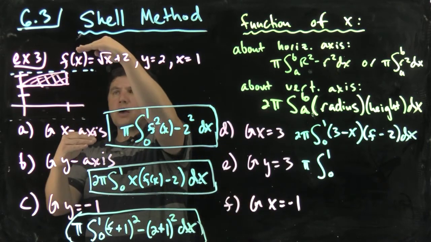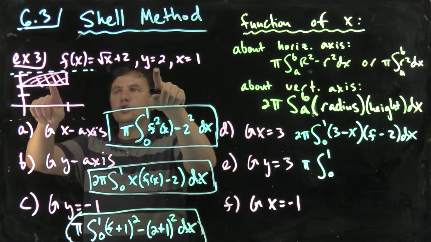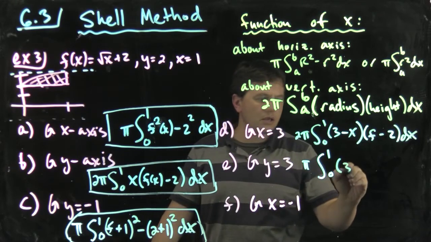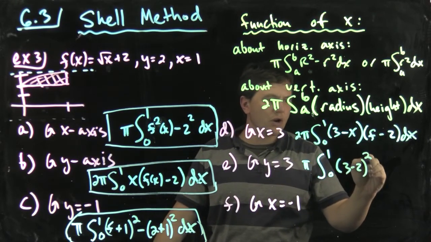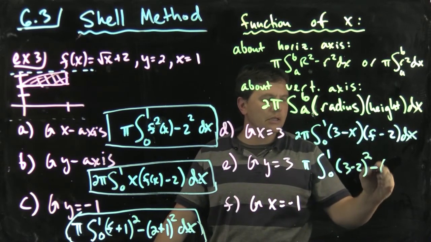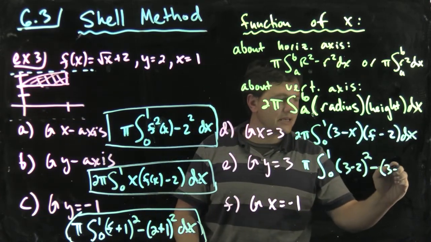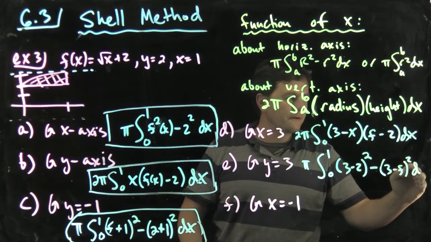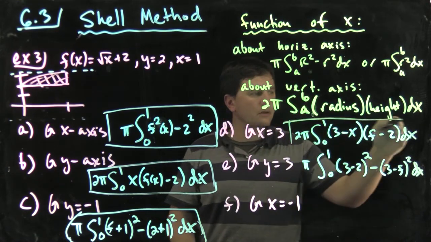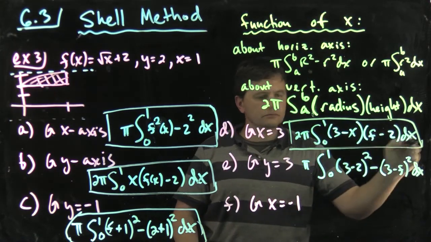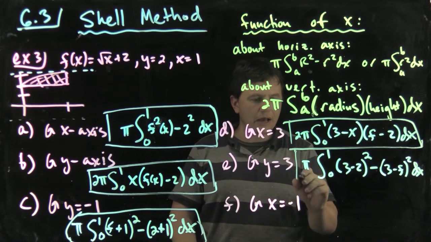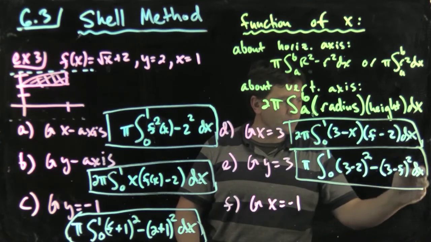Now the axis is above, it's going to be the 2. So this is going to be 3 minus 2, squared. That's our big R. Our little r will be 3 minus f, squared, dx. So that's around y equals 3.